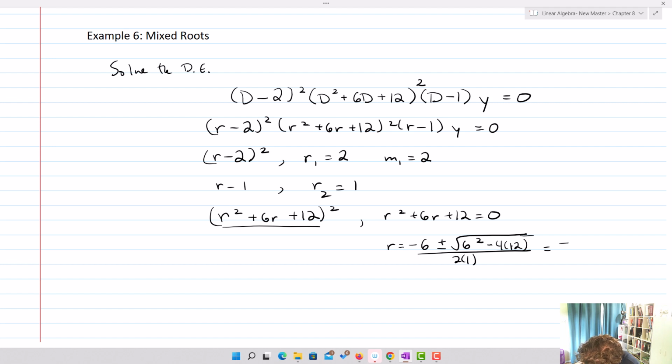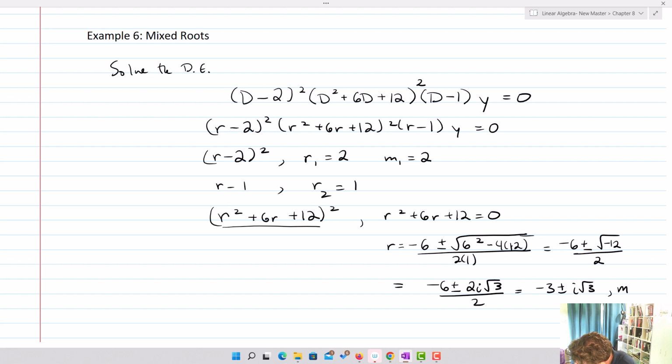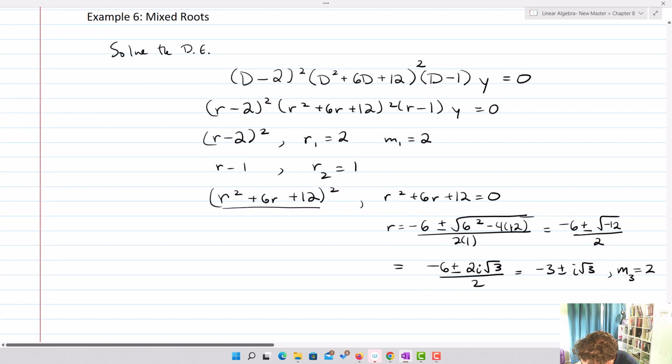This ends up being negative 6 plus or minus the square root of negative 12 over 2, which equals negative 6 plus or minus 2i root 3 over 2, which is negative 3 plus or minus i root 3. And that actually has a multiplicity of 2. So we'll call that r3 has a multiplicity of 2.